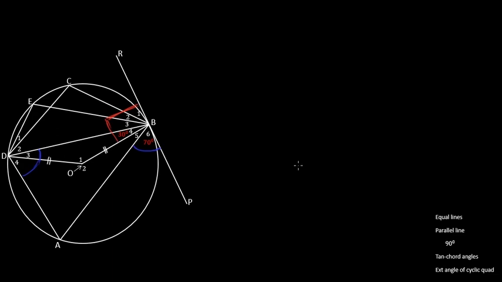B4 equals D3, angles opposite equal sides. So we have D3 equals 30 degrees, angles opposite equal sides, or radii. Now D3 then becomes the new starting point to say what's the relationship between D3 and the angle we are looking for.